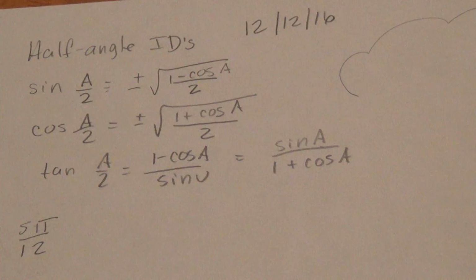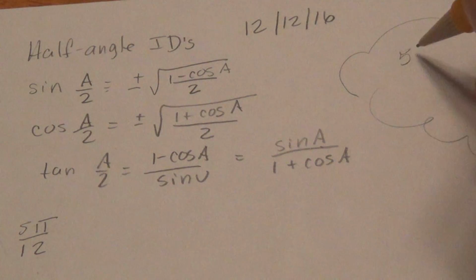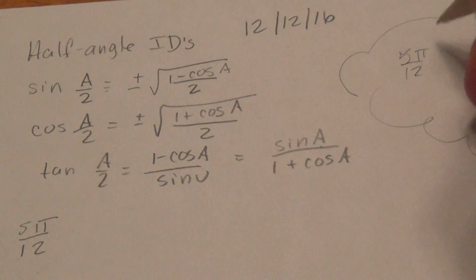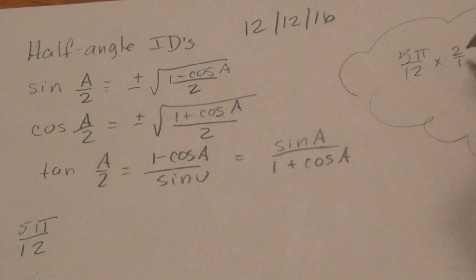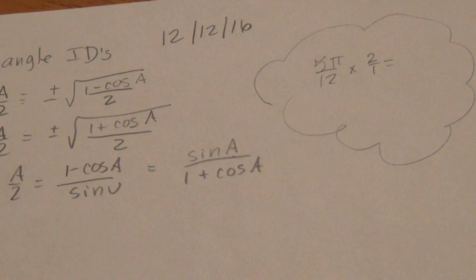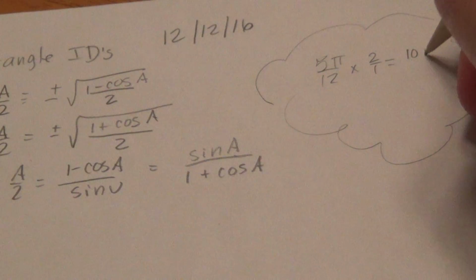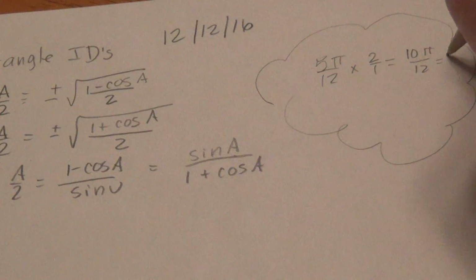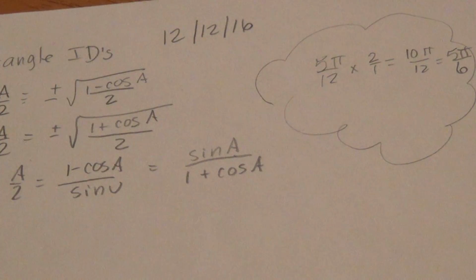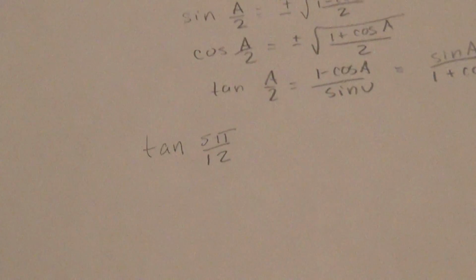I'm going to double it, so times 2 gives me 10 pi over 12, and that reduces to 5 pi over 6. That is on the unit circle, so it's passed the test, so we can use it.